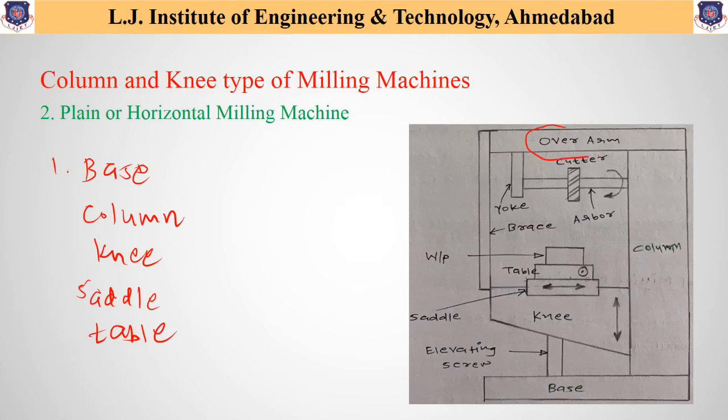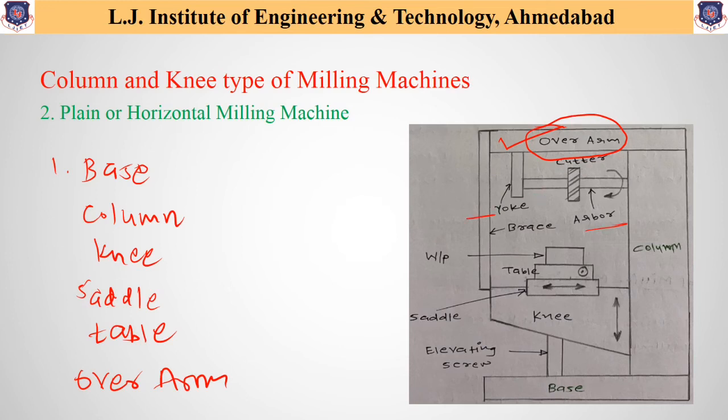Now we will discuss the next part, which is connected to the column. It is called the overarm. As we can see, it is the heavy support provided on the top of the milling machine. The overarm is used to provide support to the arbor and yoke.